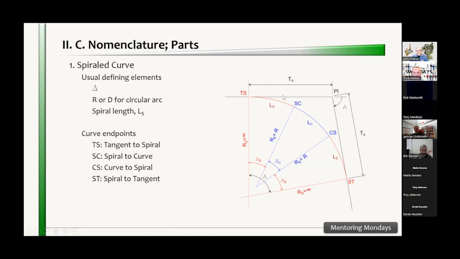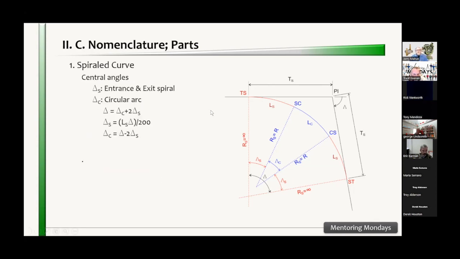And that turns out to be the most difficult thing to compute about the whole spiral situation when we're working with small pieces of it. So the entrance and the exit spiral each have their own central angle, delta sub s. Those two are identical to each other because the curves are symmetric. So this curve in here becomes delta sub c, or the reduced circular curve.